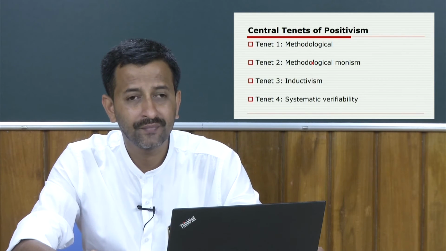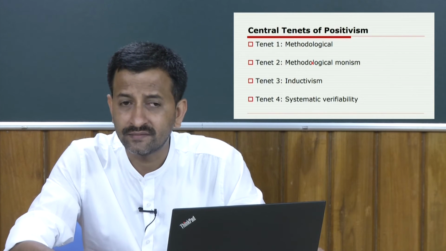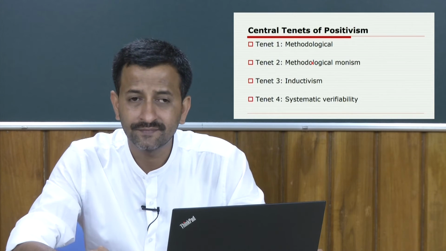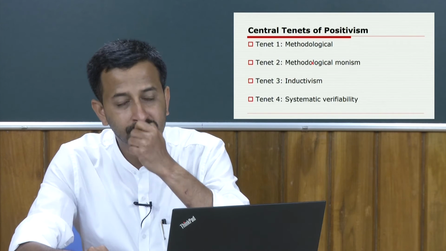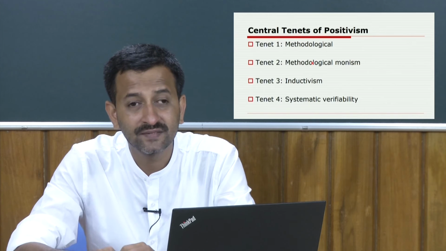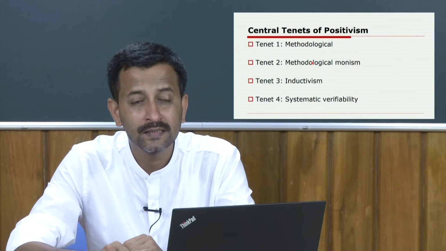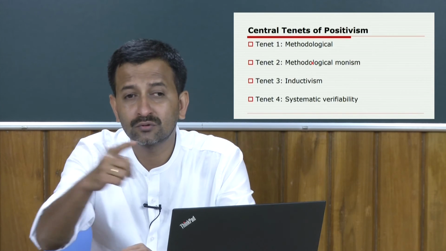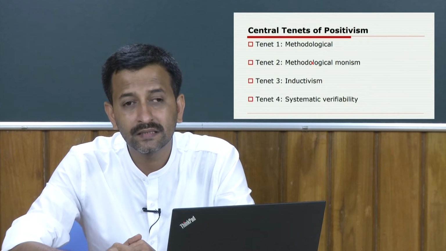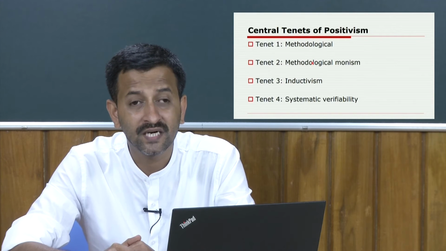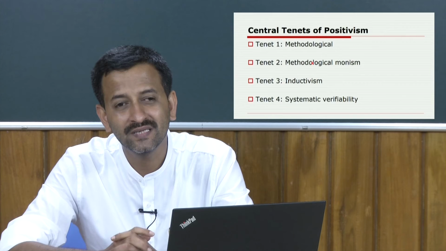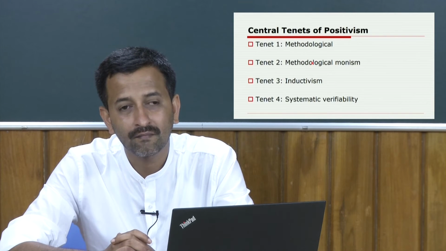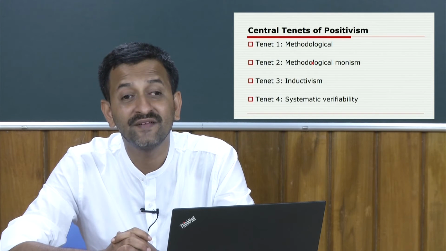Positivists argued that the hallmark of science consists in the fact that its statements are systematically verifiable. That is why I gave you the example that I have seen a ghost. If I have seen a ghost, then others also should be able to see that. I can say that I have seen a ghost, I talked to my grandfather at nights, but that is not science, that is something else, because it cannot be verified.